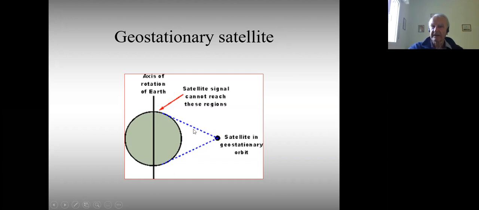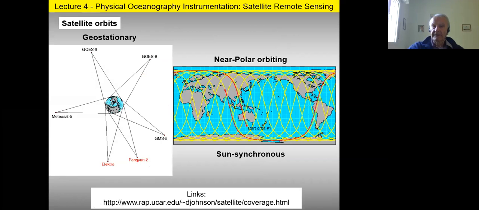It gives a very good resolution in the equatorial up to mid-latitude areas. So it's really stationary with respect to the axis of rotation of the Earth.